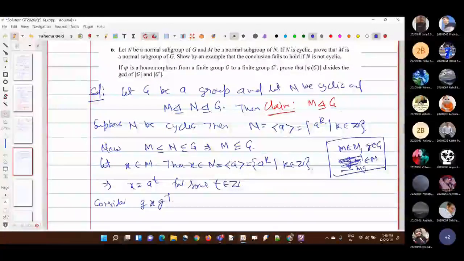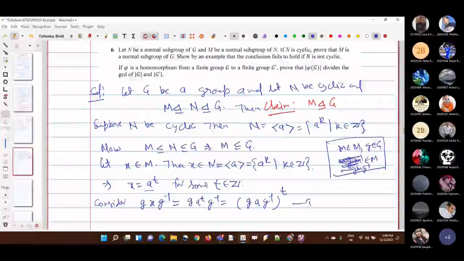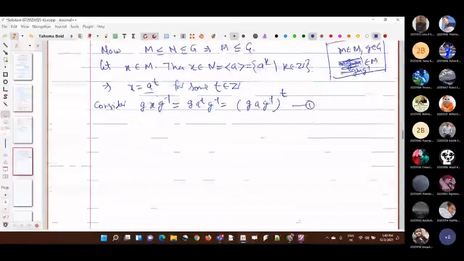Here we should write g x g inverse, and this should be a member of capital M. I'm sorry for this. So let us consider this. We can write this as g times a to the power t times g inverse, so we can write it as g a g inverse to the power t. This we have seen. Suppose this is equation number one.